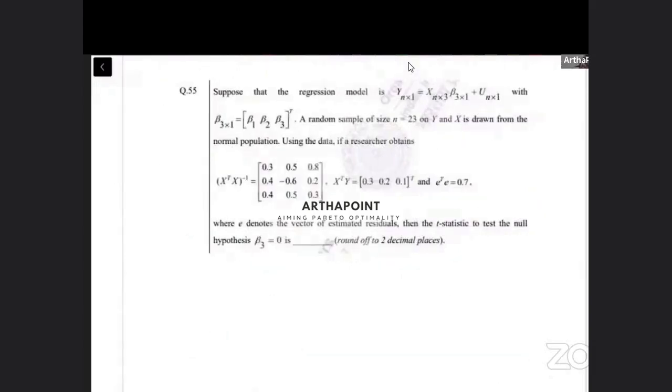Actually, this question should not have been given, in my opinion. The reason is that this is what is done in DSE in the third semester. This is a difficult question and it's an MA-level question. We used to do it with our faculty, JV Meenakshi, in the third semester at Delhi School of Economics.